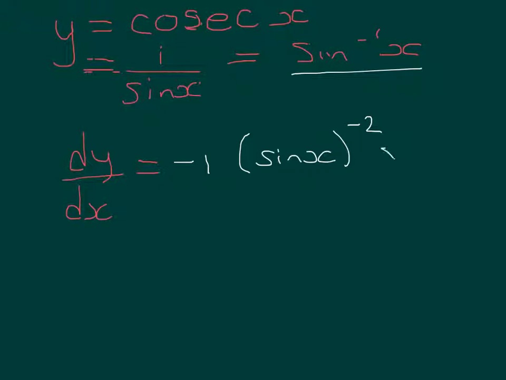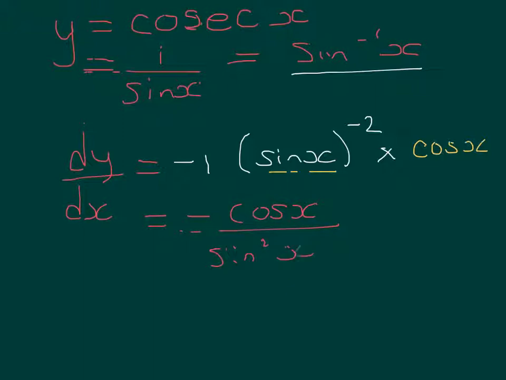Now I need to multiply by the derivative of the thing inside the brackets, which of course is cos x. Now I can tidy my whole thing up and I get minus cos x on the top, my numerator, and my denominator of course is just sine squared of x.